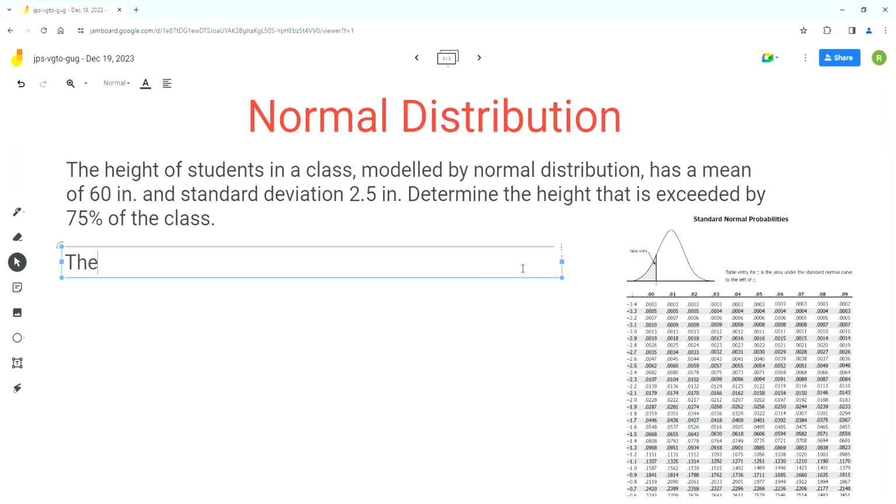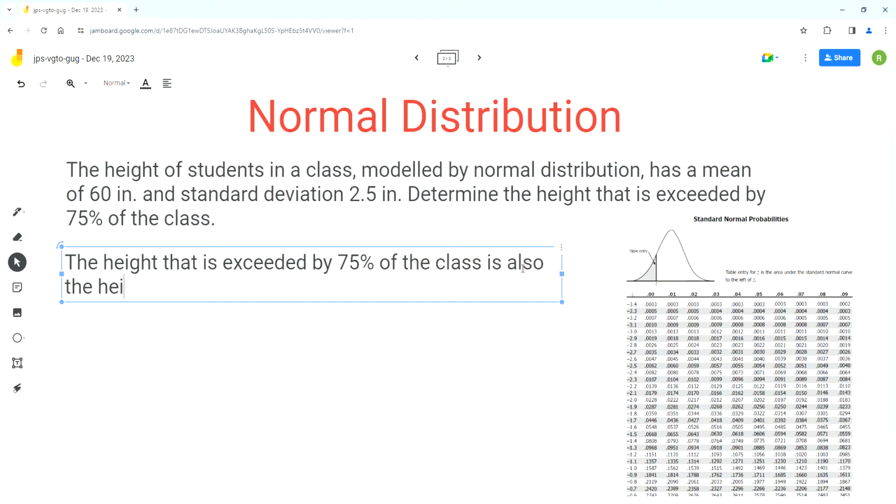So the height that is exceeded by 75% of the class is also the height that exceeds 25% of the class.